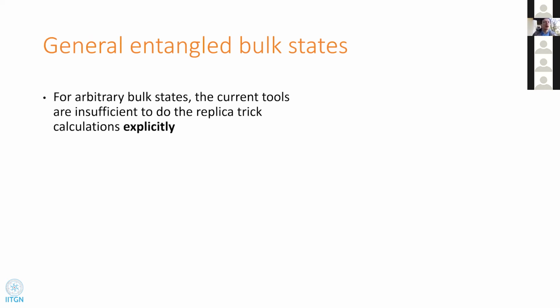But for completely arbitrary bulk states, in particular bulk states that have some complicated entanglement structure between little b, little b prime and little b bar, all the different bulk regions separated by the extremal surfaces, the current tools that we know about are just not sufficient to do the replica trick calculations. So that's unfortunate.